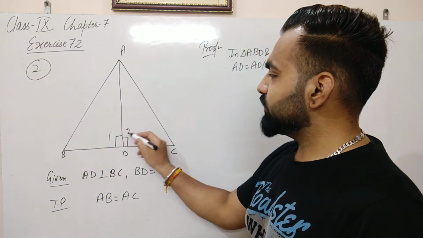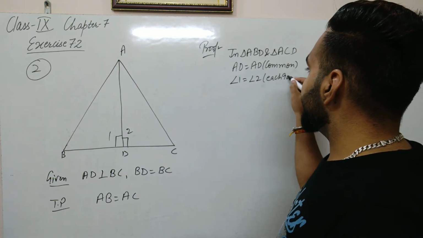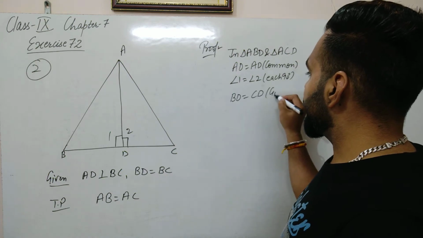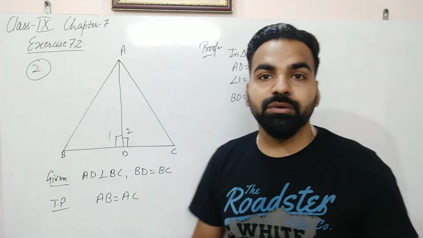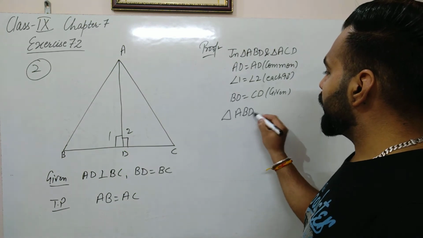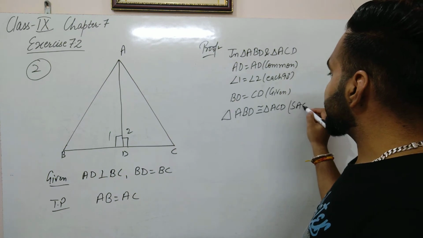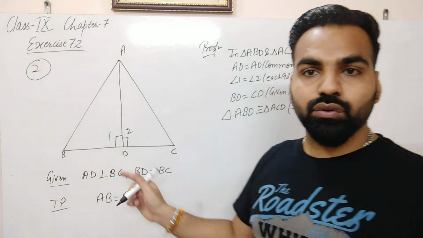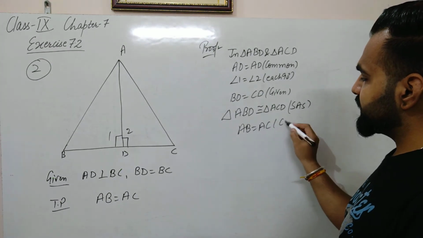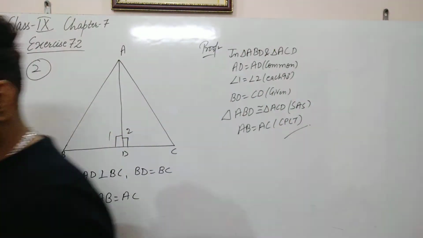Angle 1 is equal to angle 2, each 90, and BD equal to CD, given, because this is a perpendicular bisector. So triangle ABD will be congruent to triangle ACD by SAS rule, two sides and the included angle. So from here we can see that AB is equal to AC, by CPCT. So this was the second question.